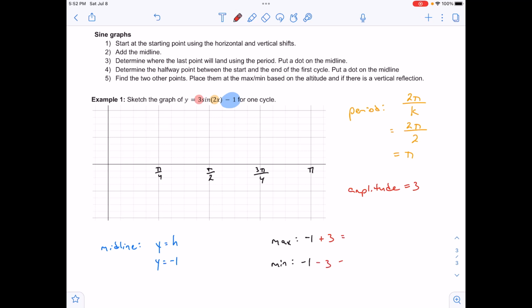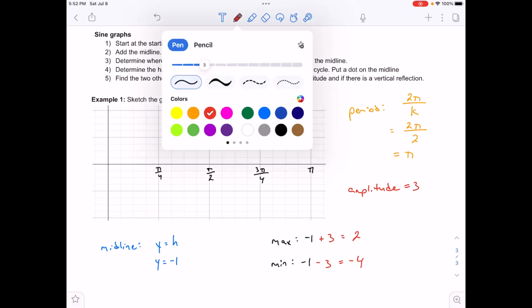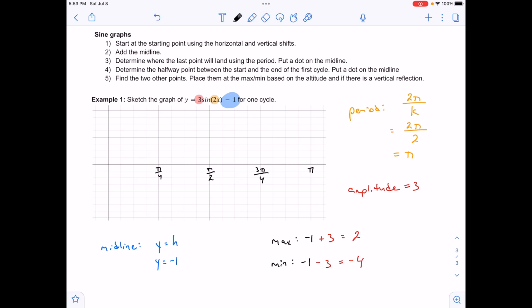So the highest point my function is going to reach is 2, and the lowest point is going to be -4. I can use that to set up my graph accordingly. Okay, I only need to go down so far as -4, so I'm going to put -4 all the way down here and fill in my y-axis this way.